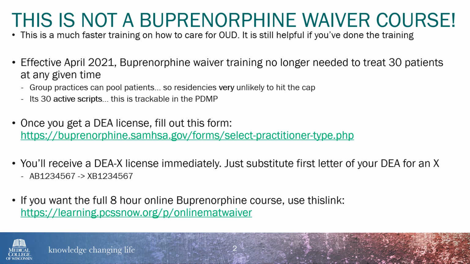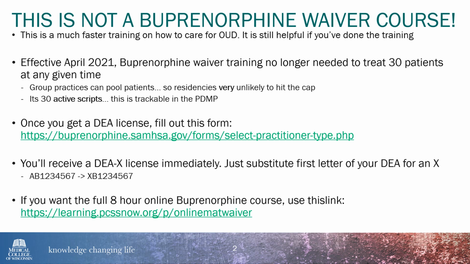It's also important to note that that limit is 30 active scripts, which you can monitor through the PDMP. So if you've prescribed to 70 people in a year, but 30 or 40 of those people have transferred care, then you're going to be fine. You're not actively prescribing to 70 people at one time.